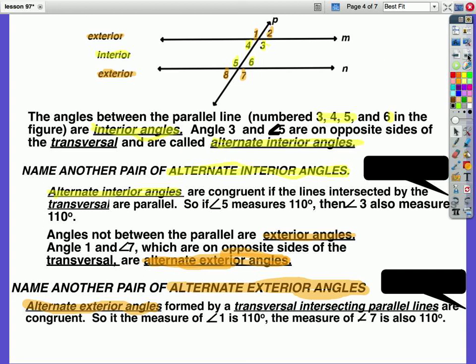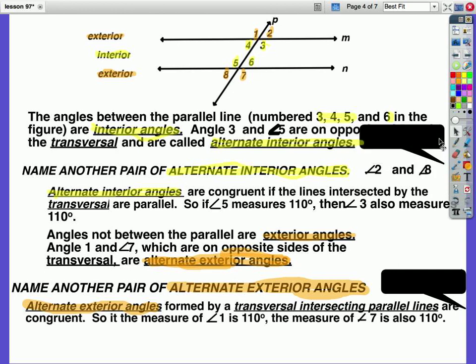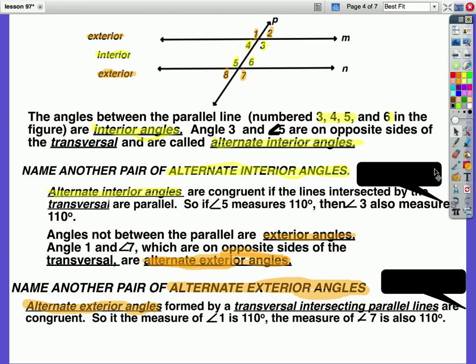So if angle 5 measures 110 degrees, then angle 3 is also 110 degrees. They're equal in measure, they're on opposite sides of the transversal, and they're both inside. What's another pair? Angles 4 and 6 are alternate interior angles.